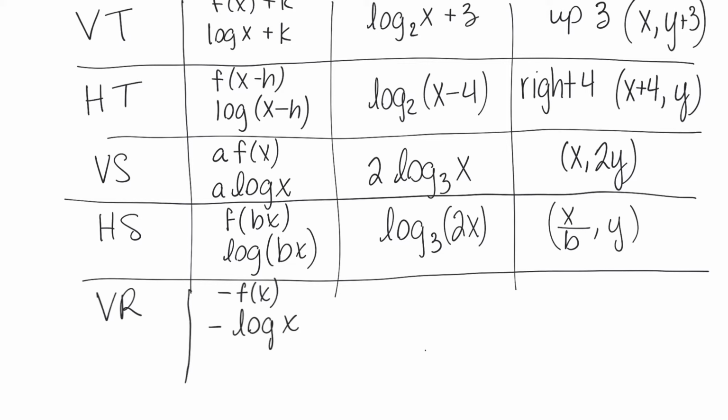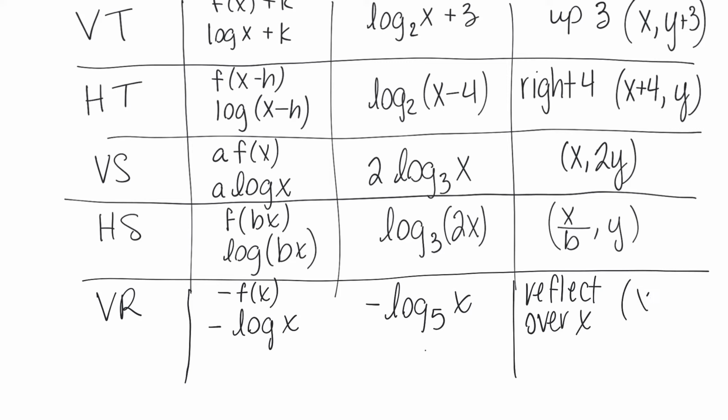So this is going to look like negative log base 5 of x. That reflects over x. It's vertical, so as per usual, we have x and then a negative y. It's going to turn all of that upside down.